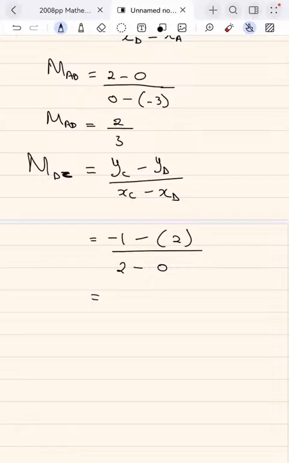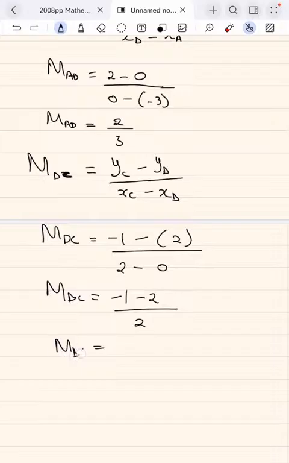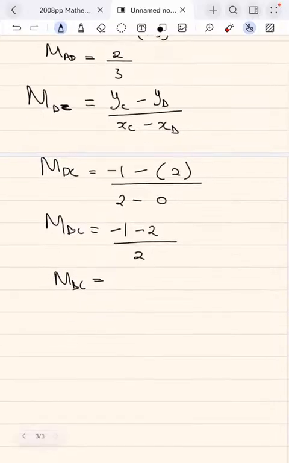This is equal to -1 minus 2, all divided by 2 minus 0 is 2. All of this is the gradient of DC. -1 minus 2 is -3, divided by 2.